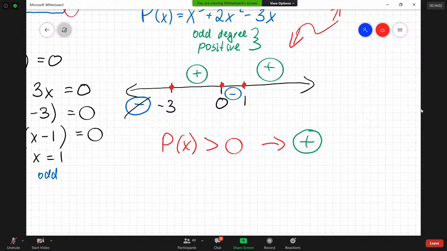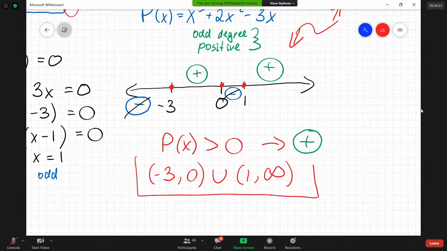So we don't care about the negative parts. We care about only the positive intervals. And to name the interval correctly, we will start at -3, not including it, get to 0, not including it, union, and then 1 to +infinity. That would be our final answer here.